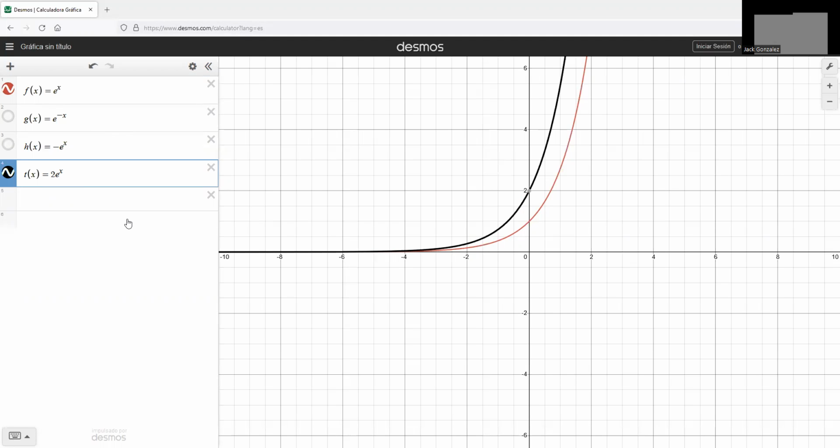So it should be going faster, closer to the y-axis. Just like when we do parabolas, they get more narrow. Same thing.